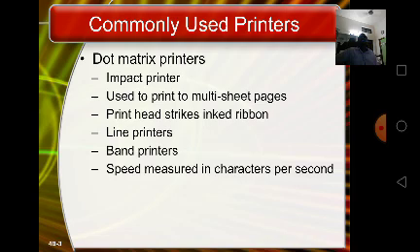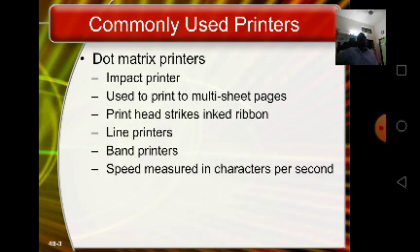When pushed out from the cluster, the pins strike a ribbon, which is held in place between the print head and the paper. When the pins strike the ribbon, they press ink from the ribbon onto the paper.